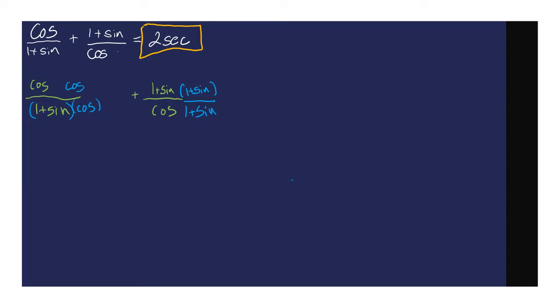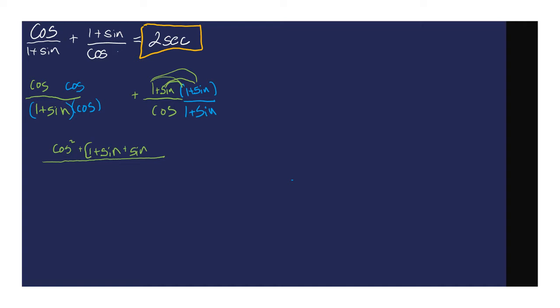Now, combining these back together, I have cosine squared. And then let's FOIL this out. 1 times 1 is plus 1. 1 times sine is plus sine. FOILing it out, sine times 1 is plus sine.